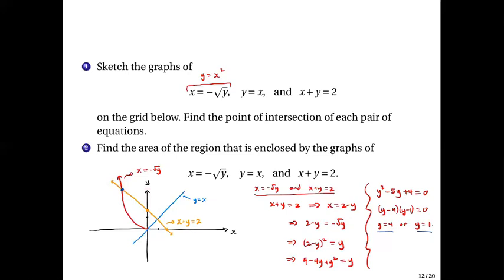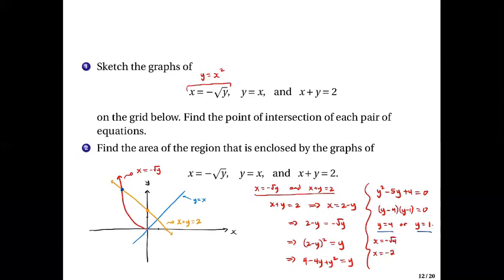But let us solve that mathematically, well, algebraically. So when y equals 4, we can substitute the value of y in here, either in here or in here, to find the value of x. But let us use this one here. So the value of x is equal to negative square root of 4, which means that x equals negative 2.